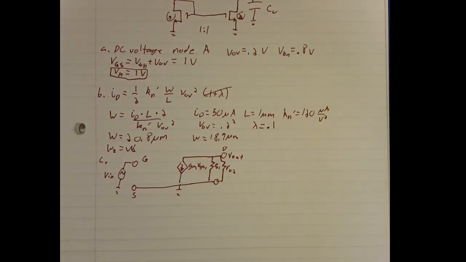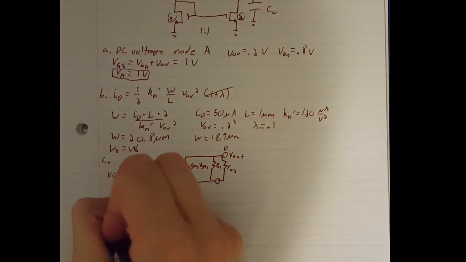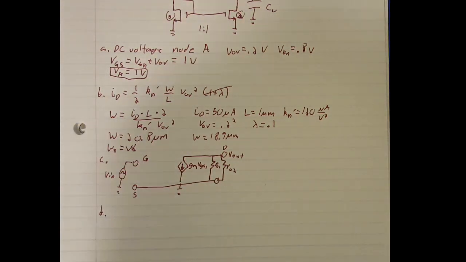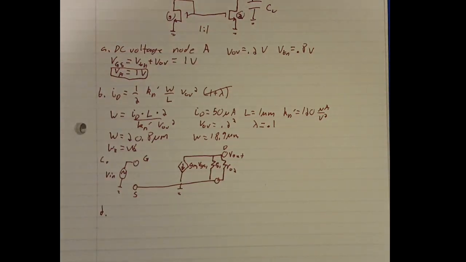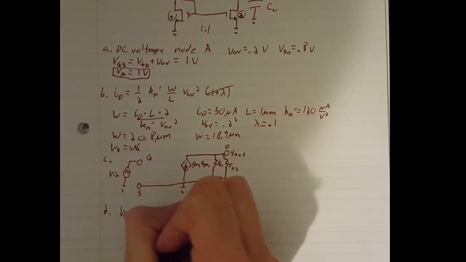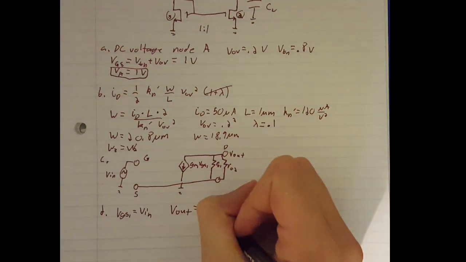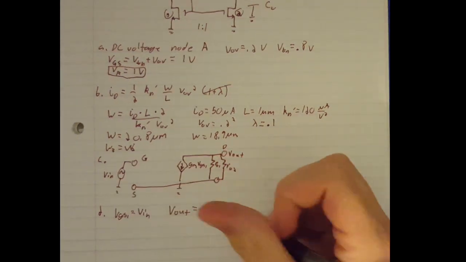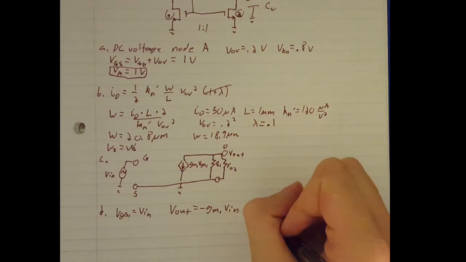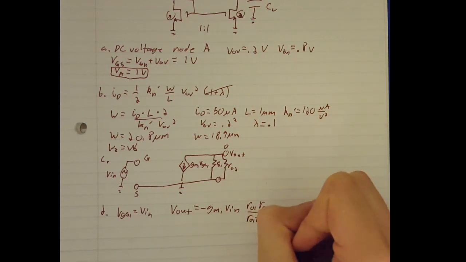For D, we want the small signal voltage gain. So in order to do that, our VGS1 equals V in, our V out equals negative GM1 times V in times R out 1 times R out 2 over R out 1 plus R out 2.